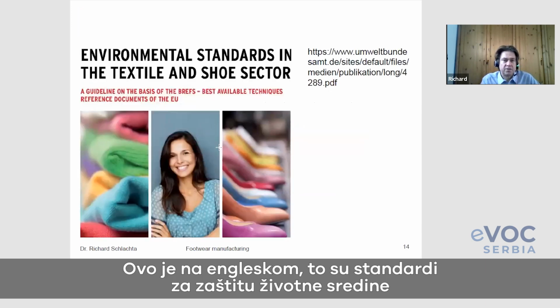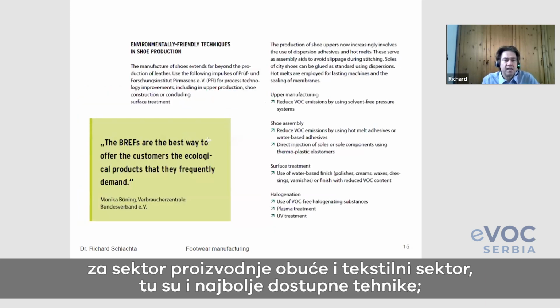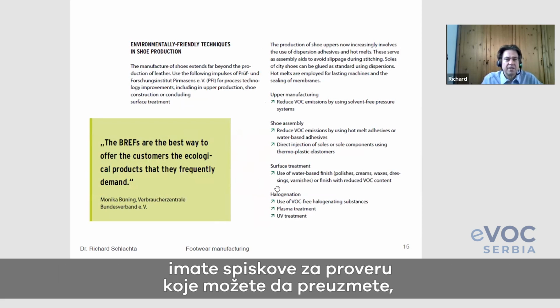There are in Germany, but it's written in English, environmental standards in the shoe sector, but not only for shoes, but for textiles. There are some best available techniques here for shoe manufacturing, and you see these environment-friendly techniques are very similar to what I have already told you.